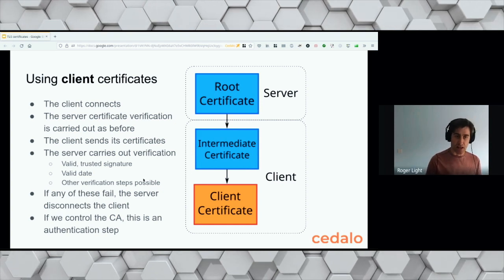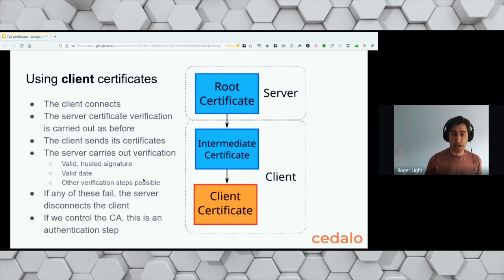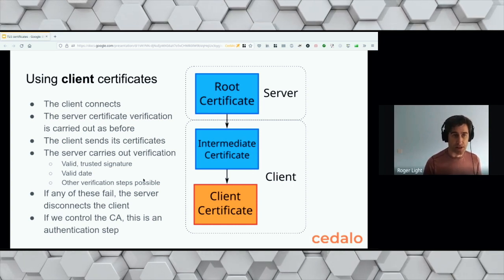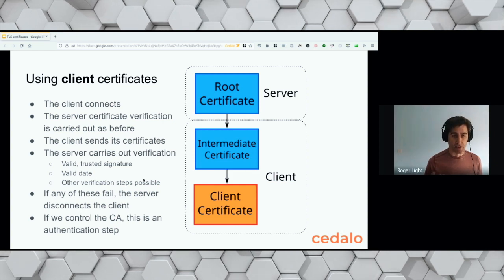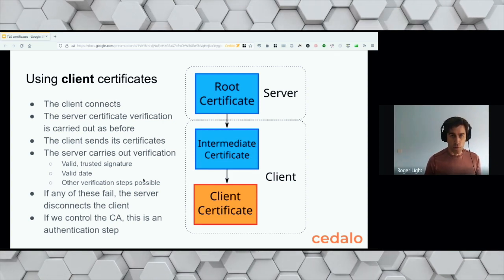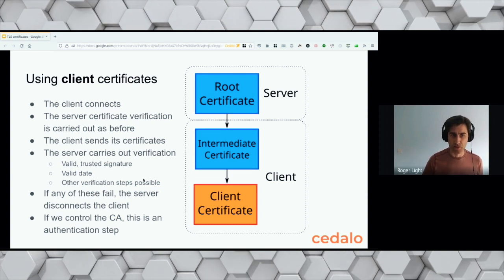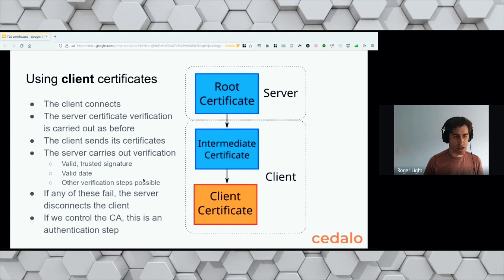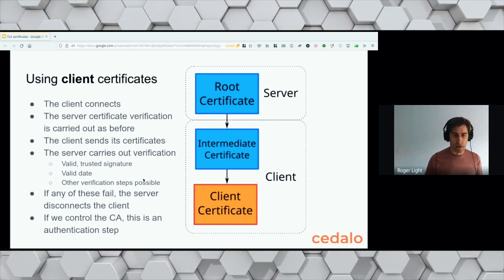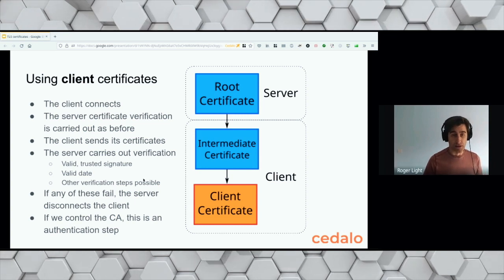So it's that mirrored, basically the same sort of checks happening with client certificates as they were with the server certificates, checking whether we've got the signatures correct and the dates are correct. What doesn't tend to happen is a host name check, because it was the client that initiated the connection, so it doesn't quite make as much sense. And again, if any of these checks fail, then the server will disconnect the client.